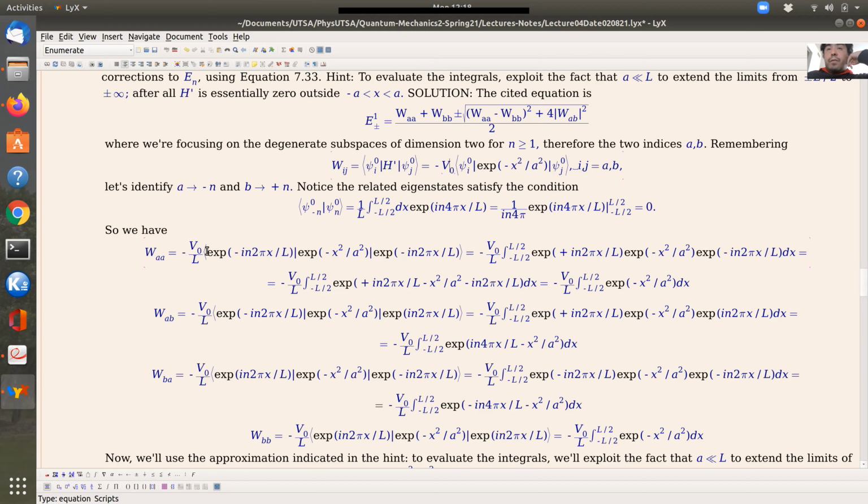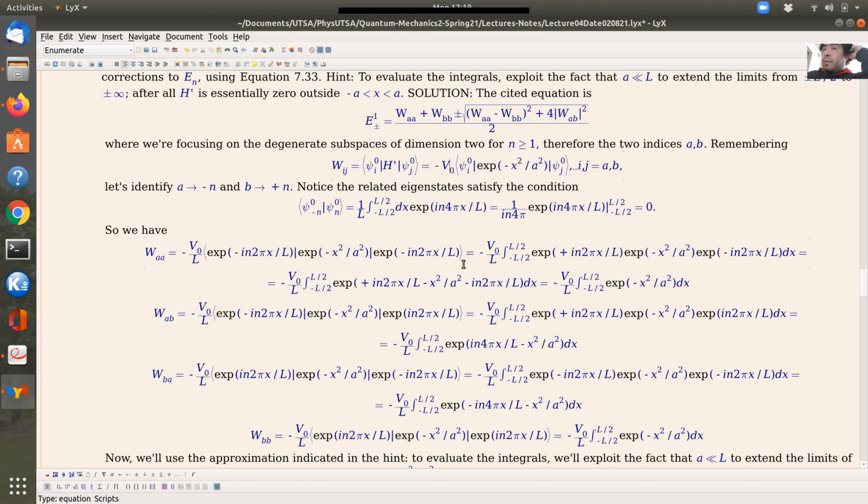And so we can focus on the rest of the wave functions in this calculation. So remember, a corresponds to minus n. So inner product of e to the minus i n blah, blah, blah, sandwiching the Gaussian exponential of minus x squared over a squared, and then exponential of minus i n 2 pi blah, blah, blah.